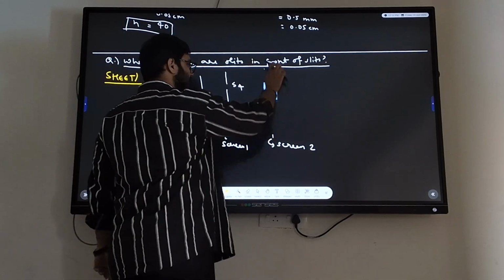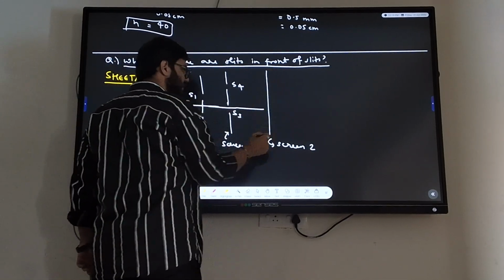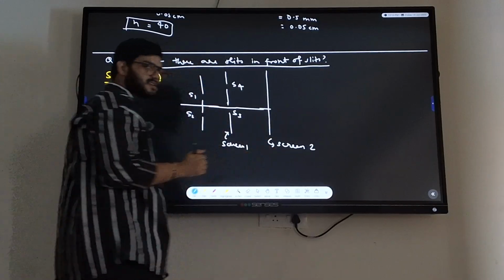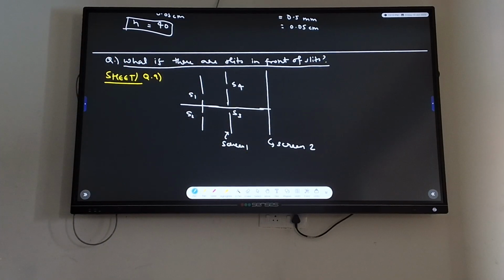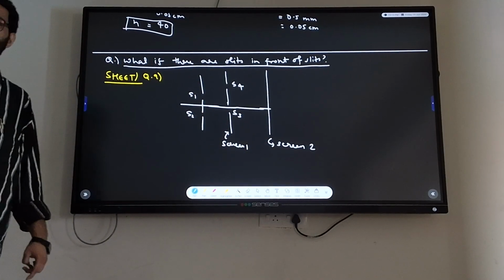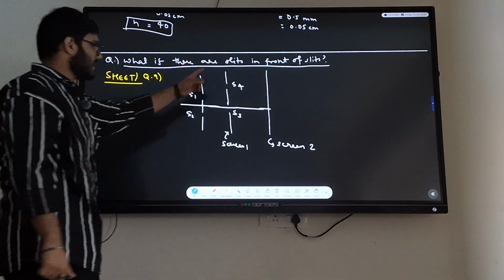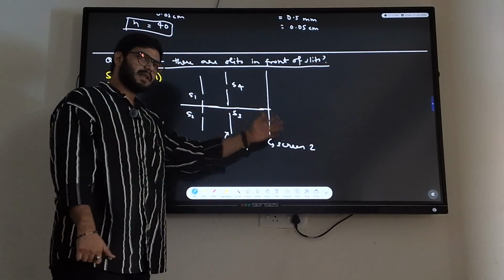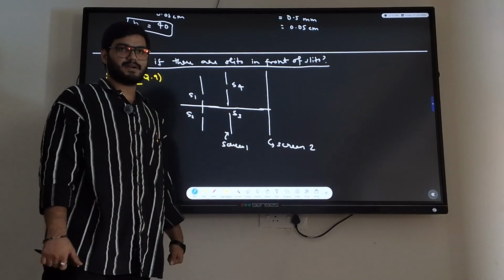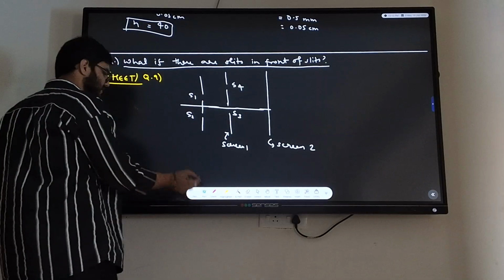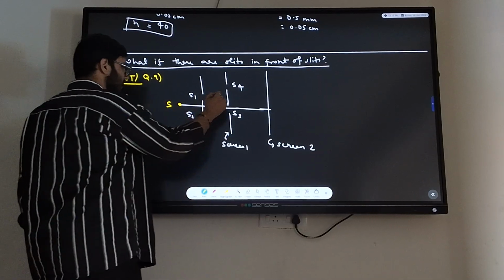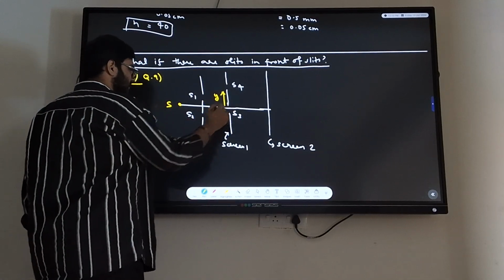Now we already know what the intensity distribution on screen 1 will be. That will follow I equal to 4 I naught cos square phi by 2, where phi is the phase difference between the two waves, considering the two intensities are equal. What will happen on screen 2 we will try to find. You have this kind of setup and this is y from the center line.